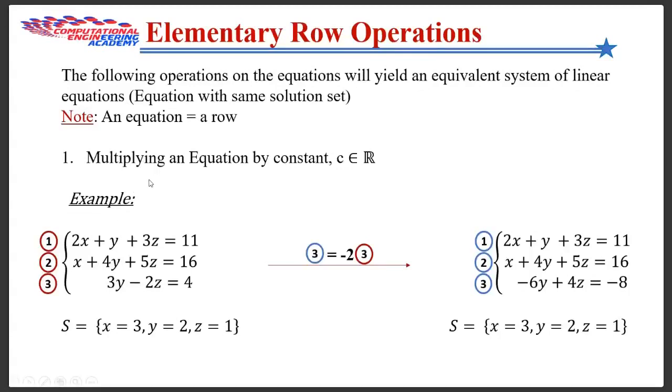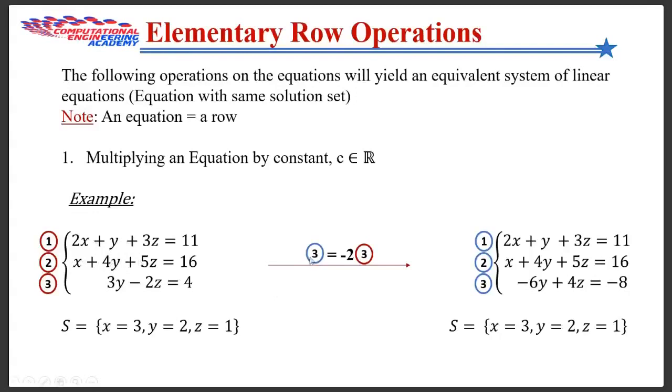The first one states that if we multiply an equation by a constant, to form a new equation, then we must have formed another system of linear equations which is equivalent to the first one, meaning the 2 have the same solution set. So as an example, this is our original system.